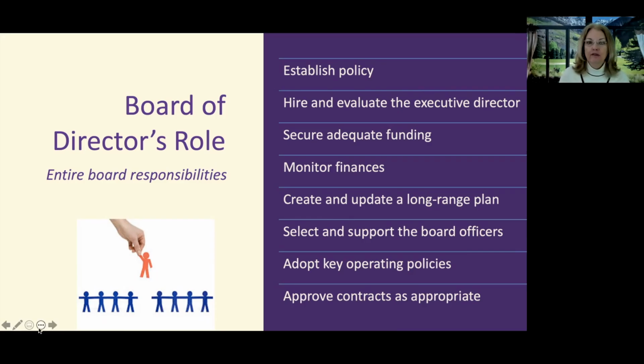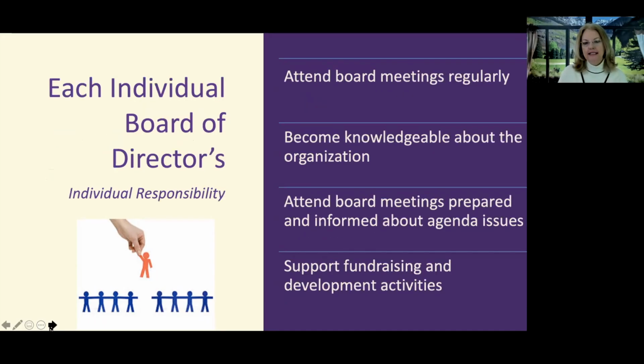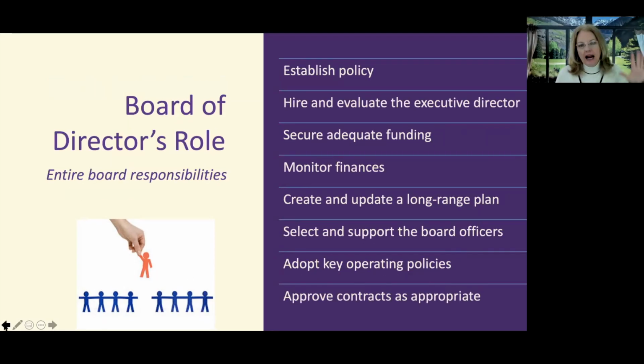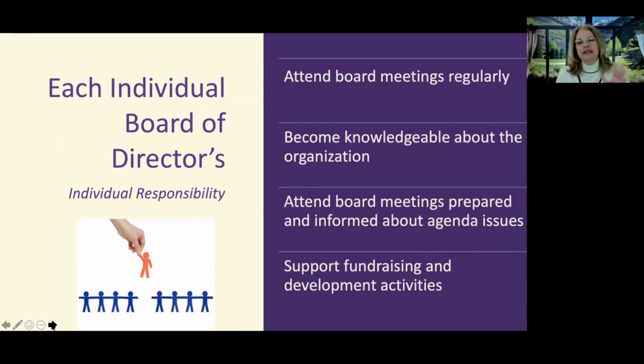And then whenever contracts need to be approved or appointed. Okay, so here's individual responsibility. The difference is that was the entire board's responsibility, but here are the individual board members.